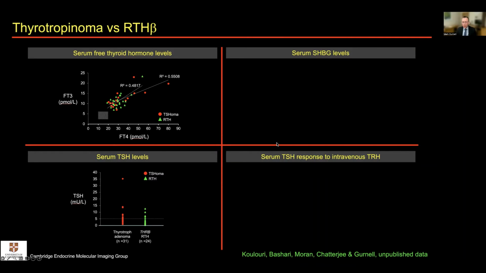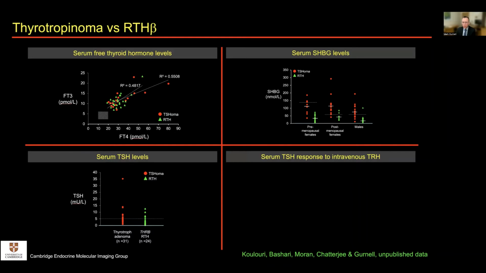Sex hormone binding globulin is a liver-expressed protein which is sensitive to thyroid hormones, and for a long time it was considered that it was going to be raised in patients with TSHoma and normal in patients with RTH beta, because the TR beta isoform, as well as being expressed in the hypothalamus and pituitary, is also expressed in the liver.